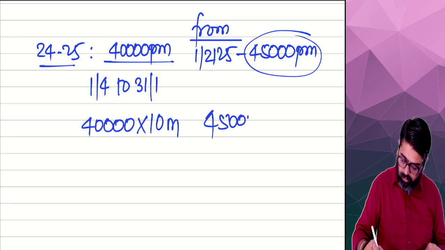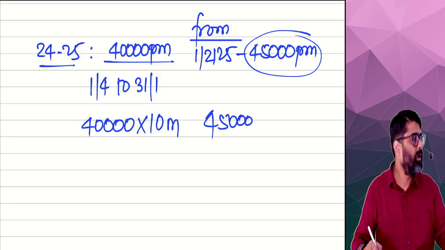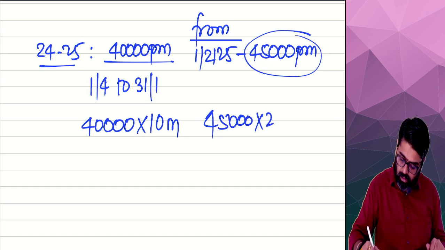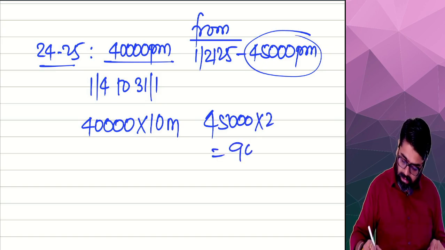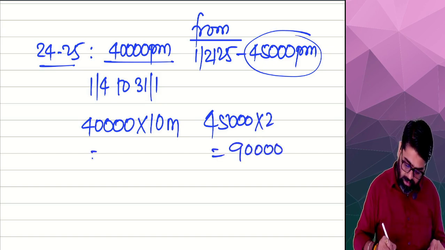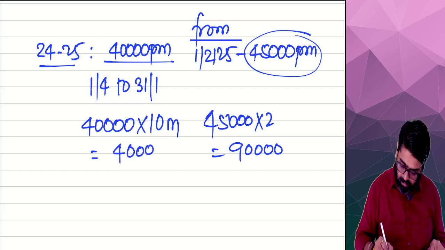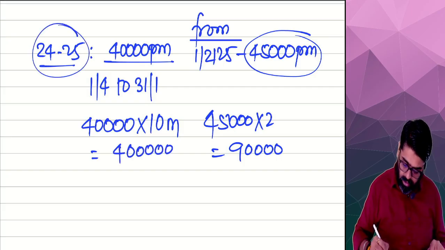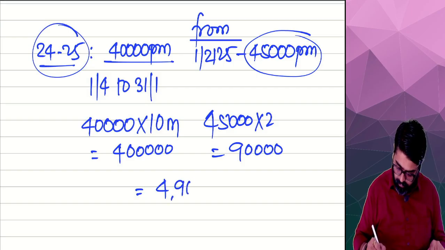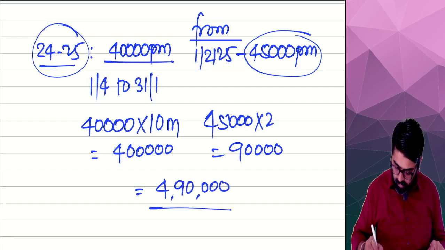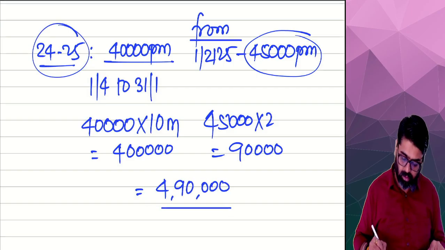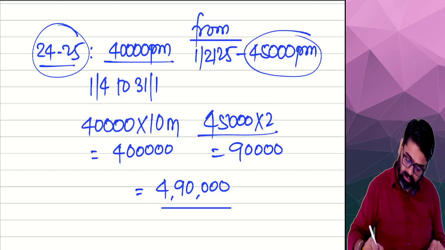And 45,000 salary will be from February to March, so for 2 months, this will be 90,000. And this will be 4 lakh. So your salary for this year should have been 4,90,000. Now 4,90,000 includes 2 months salary at what rate?